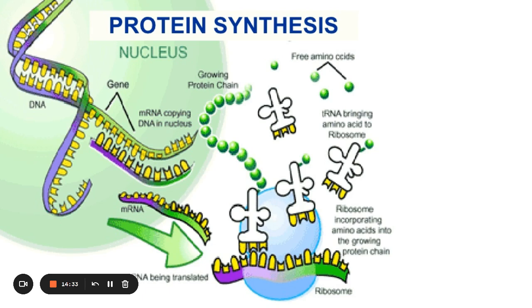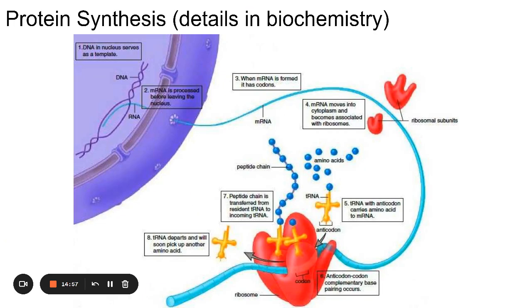A section of it unwinds, and it's copied to messenger RNA, which leaves the nucleus and goes out to the ribosome, where the code on the messenger RNA tells which amino acids should be put into making this protein. They're brought in by transfer RNA one after another, and they link together one after the other, making this long chain of amino acids.